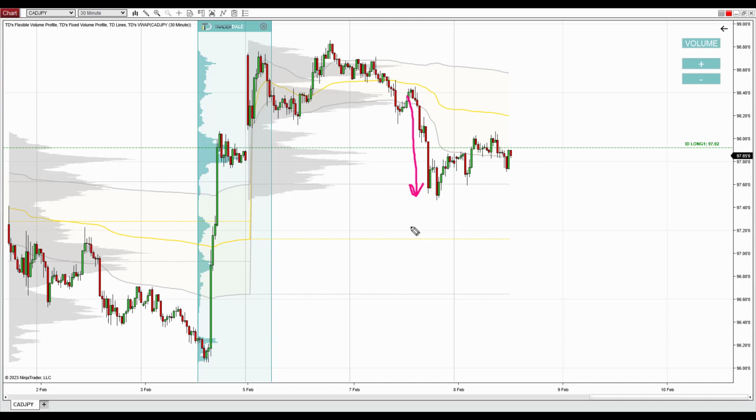But what I teach in my volume profile course is that when price shoots past significant support, like in here based on volumes, without any reaction, like it happened in here, then what you can do is take a reversal trade.